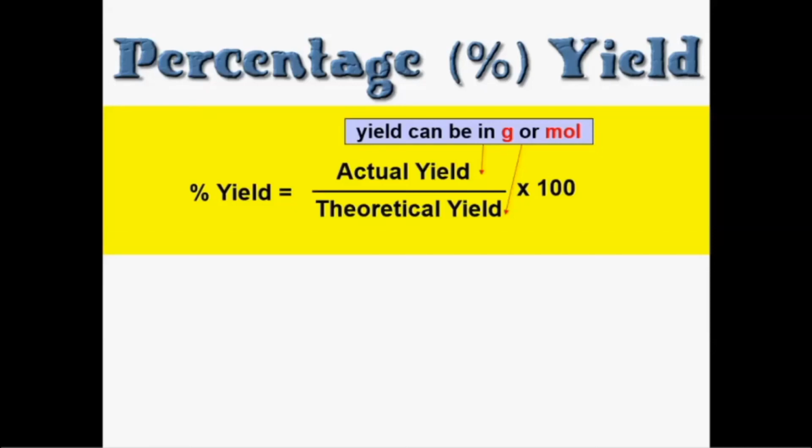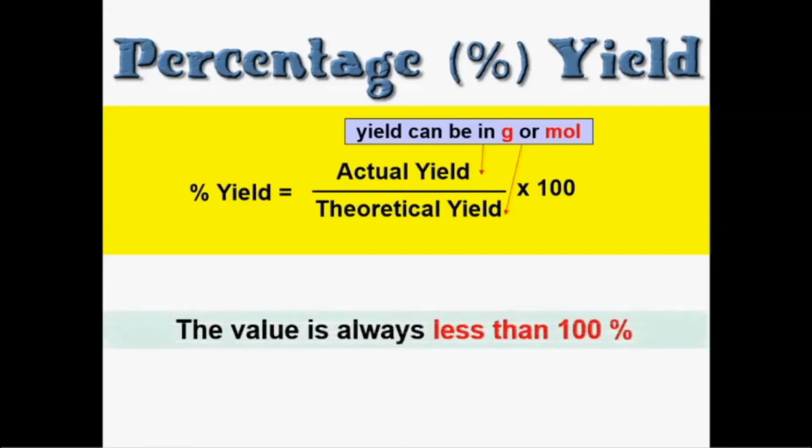And one more thing, remember, the value of percentage yield is always less than 100%, unless the reaction is the same as the theoretical. But in a normal situation, we won't get a percentage yield of 100%. Normally it is less than that.